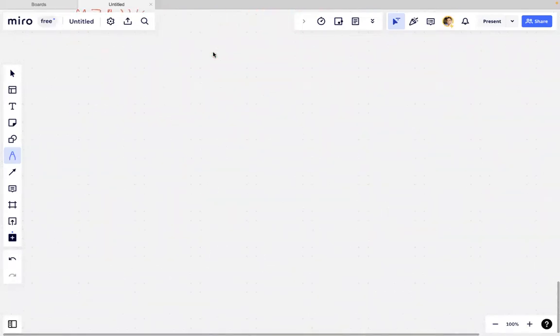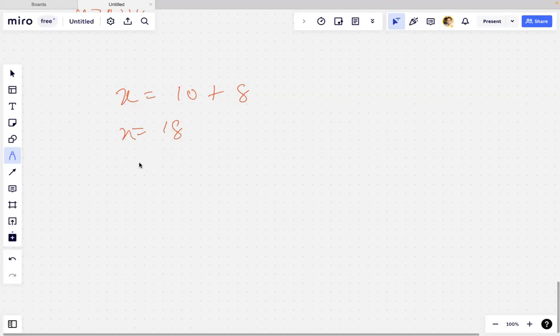Okay, for an example, let's say you need to compute x is equal to 10 plus 8. The computer knows how to add this one. Then x is 18. Let's say another one, x is equal to 10 minus 8. But the computer uses a different mechanism.